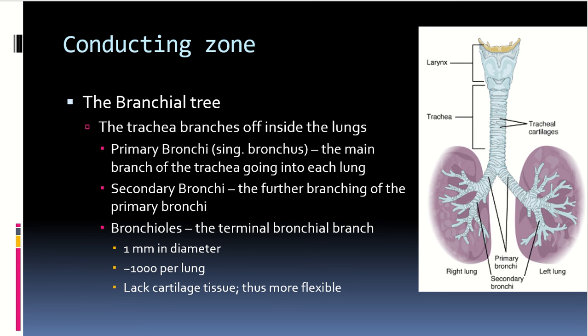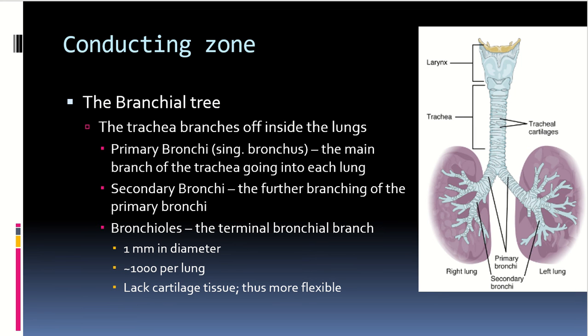Now, the primary bronchi branch apart even further into secondary bronchi, which help spread out the airways inside the lungs. And then what are sometimes called the terminal bronchi or tertiary bronchi are the bronchioles. They're just the final branching of the bronchial tree.